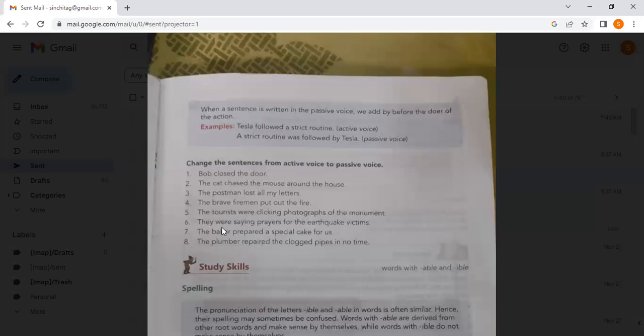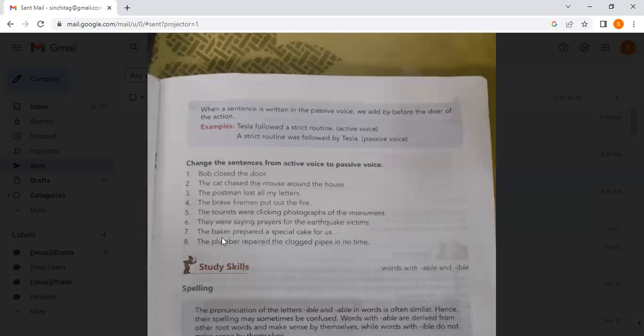Excellent. Number six. They were saying prayers for the earthquake victims. The prayers were being said by them for the earthquake victims. Excellent. Number seven. The baker prepared a special cake for us.